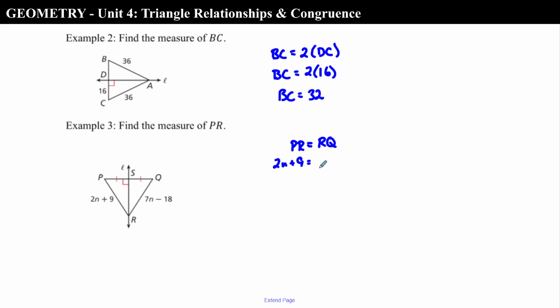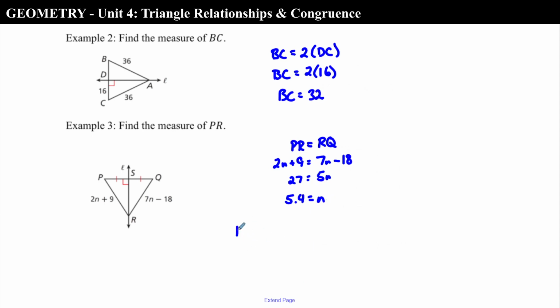RQ is 7n minus 18. So we subtract 2n from each side, so that's going to give us 5n on this side. Add 18 to this side, that gives us 27. And if we divide by 5, we're going to get 5.4 equals n.